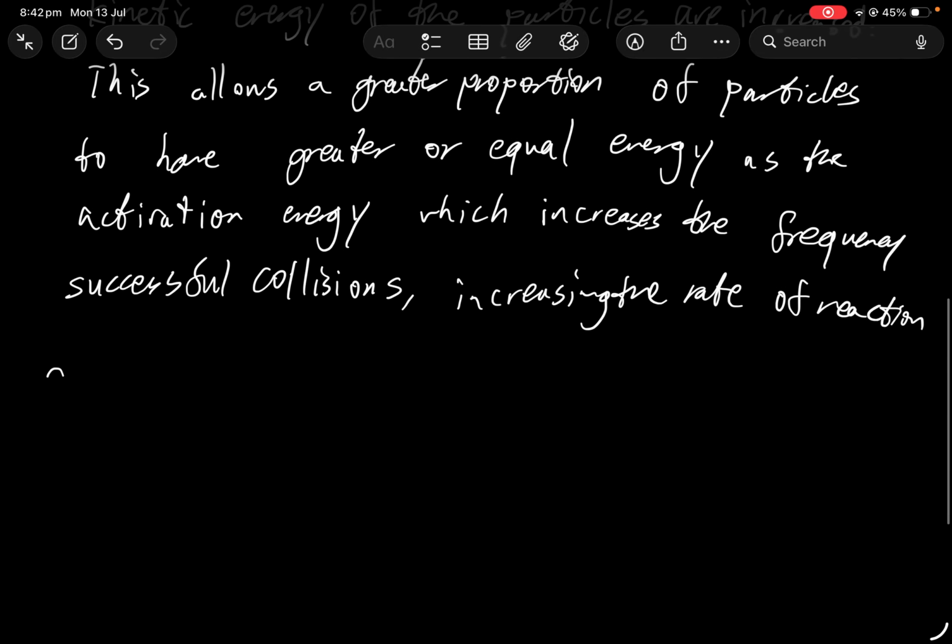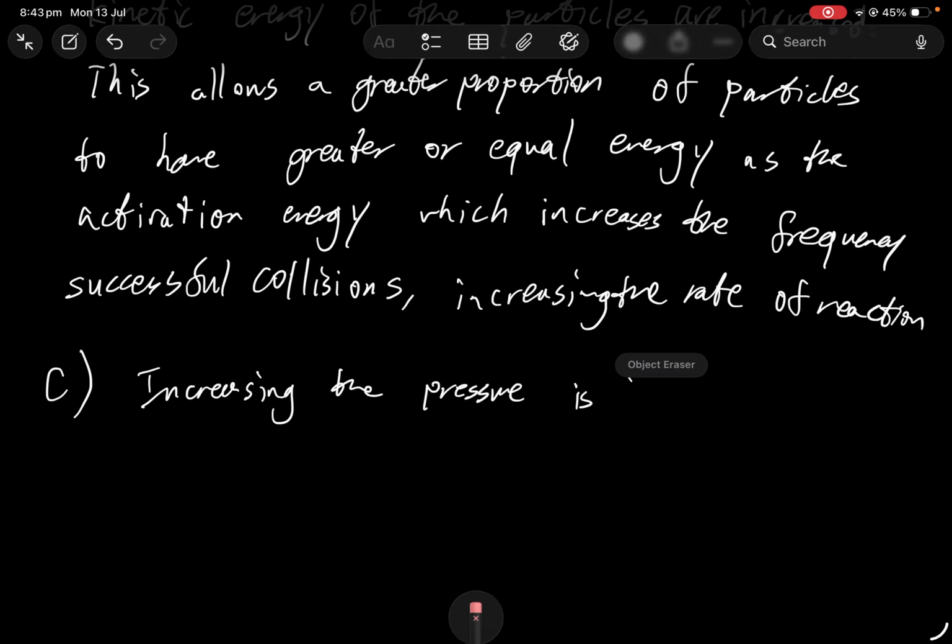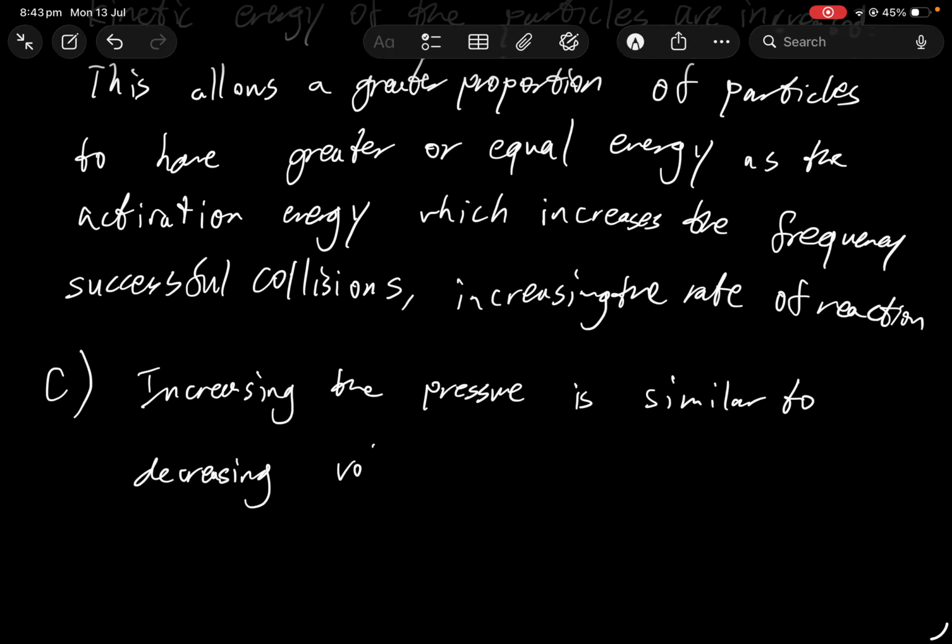And for part C, the question says explain how increasing the pressure of the system will increase the rate of reaction.